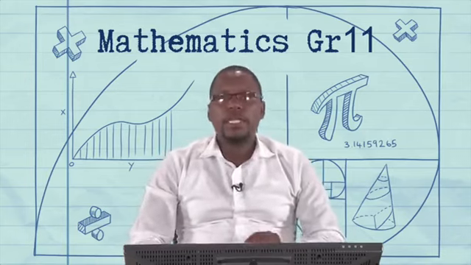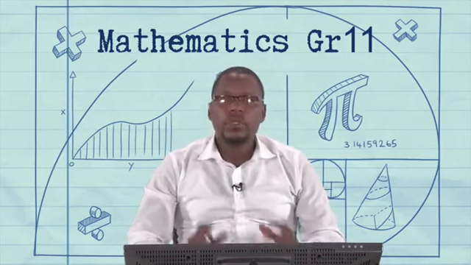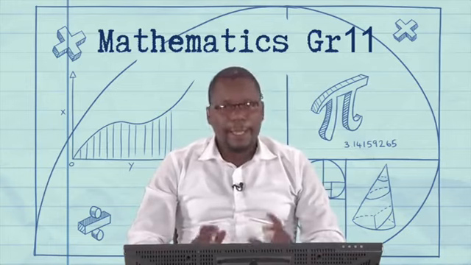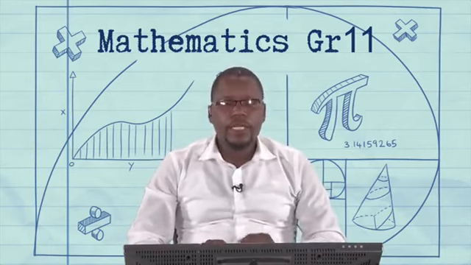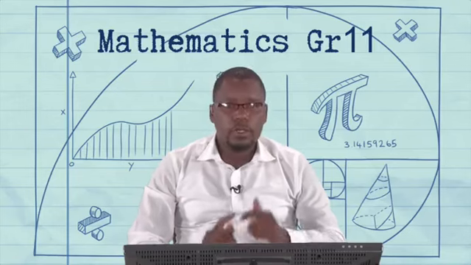I want you to start with a parent function, y equals to sine x. You do all these transformations, and at the end of the day, you get a graph of y equals to 2 sine theta minus 1. So you start from y equals to sine theta. You've got 3 minutes to work on this graph, and you're doing all these transformations together with a friend. All right, guys, let's go. 3 minutes.